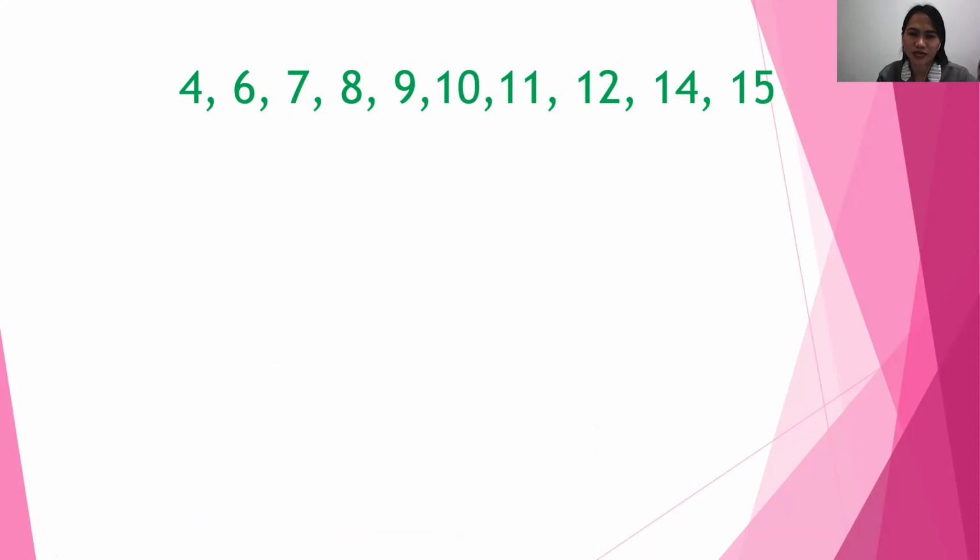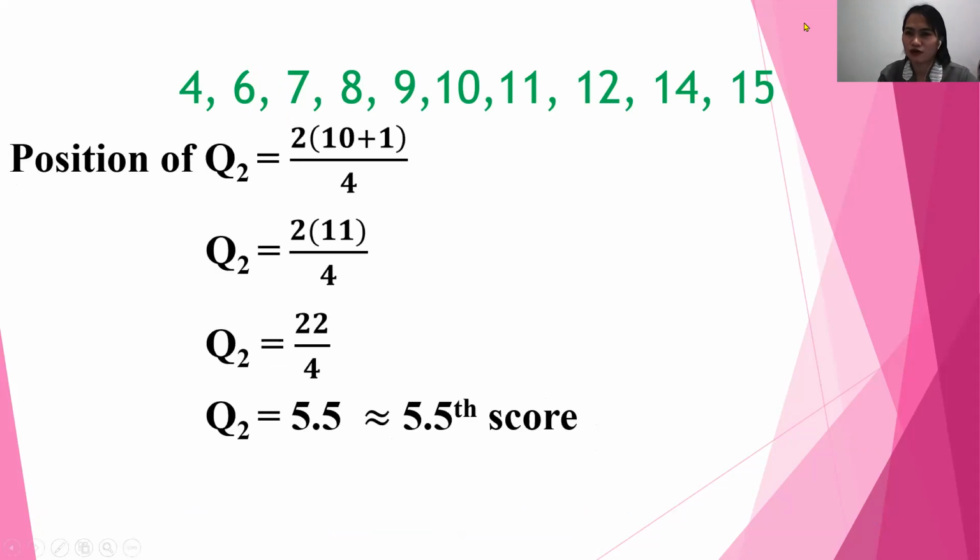Same data distribution and same value of n, the total number of distribution. So we will get the second quartile, or Q sub 2. Our k is 2 and n is equal to 10.